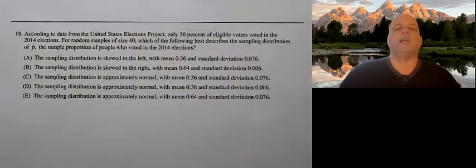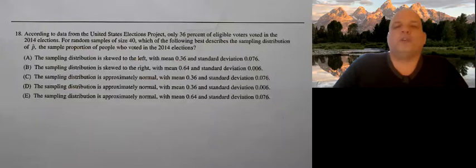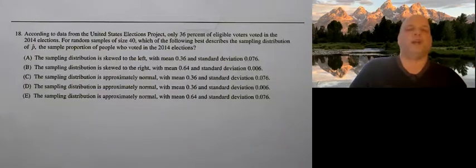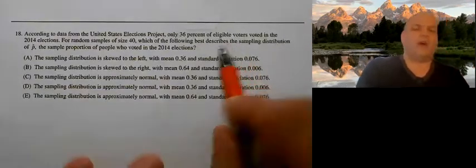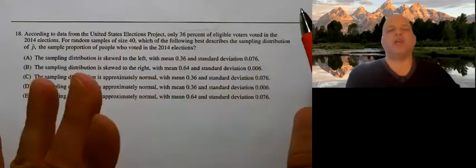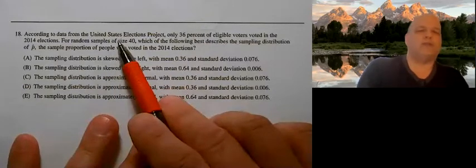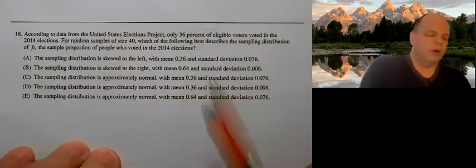According to the data from the United States Elections Project, only 36% of eligible voters voted in the 2014 elections. For random samples of size 40, which of the following best describes the sampling distribution of p hat? So first off, we have no idea what the shape is of the distribution of elections, but we have sample size 40.